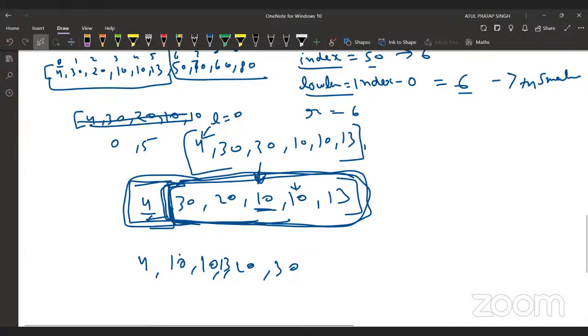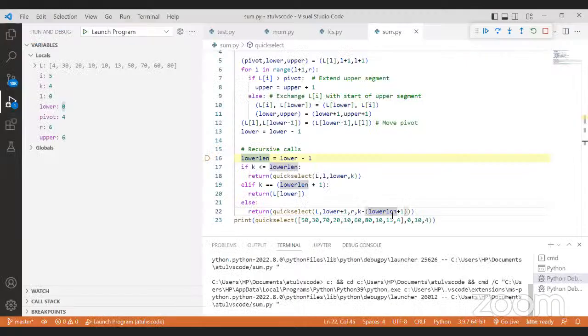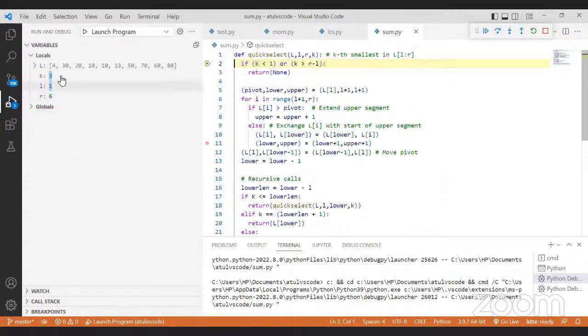Because of that, we reduce the kth value in every step when we are discarding the lower part. How many elements we are discarding, we subtract from k. So when we perform that, you can see we are going here, and at that time our k value will be reduced. Because L value is 1, we are performing our quick select algorithm now on 30, 20, 10, 10, and R is 6.